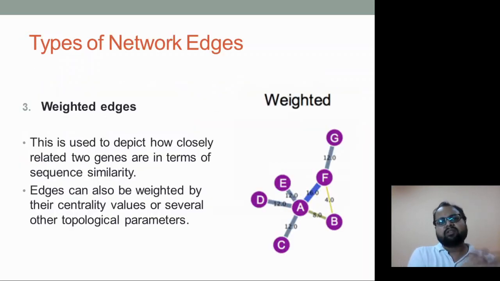So there are three kinds of network edges: undirected, directed, and weighted edges. Now, if you remember from the last session, the graph tree we worked on, I told you what a degree is.